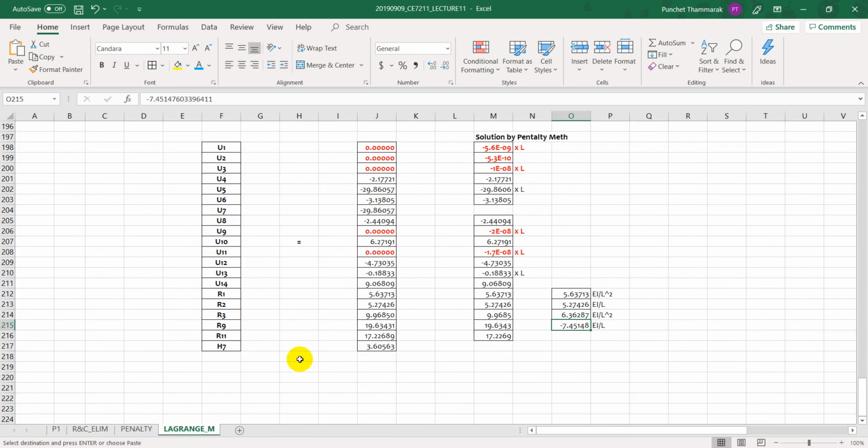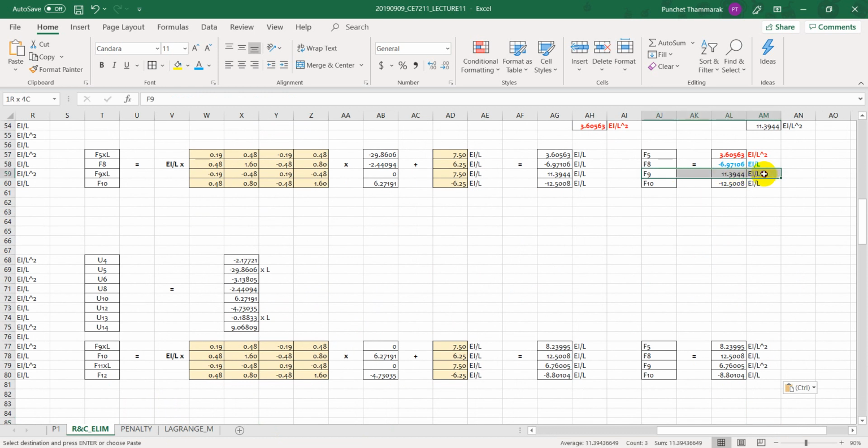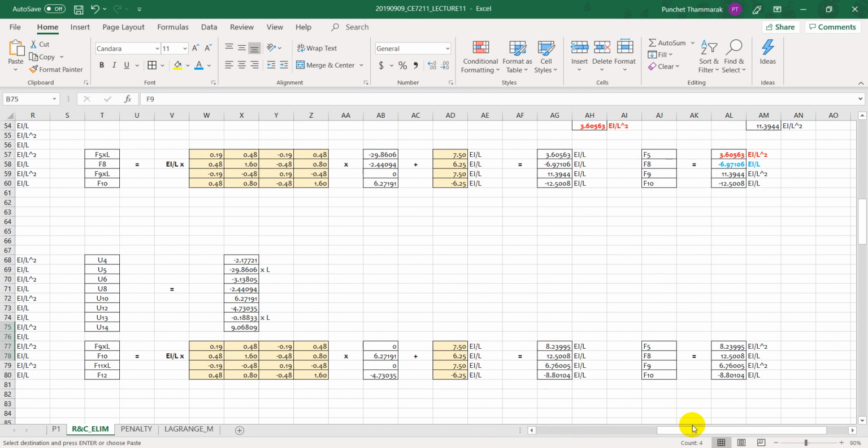If you recall, you have 19 over here for the R9. You come back here, you have F9 add up with F9.